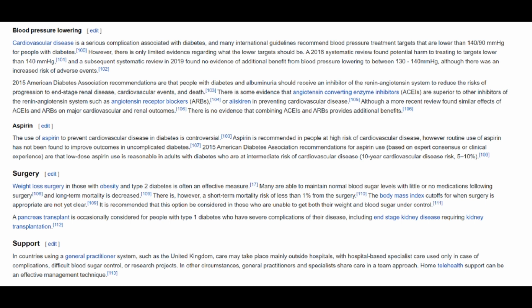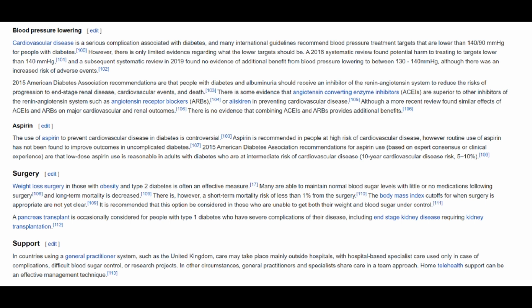2015 American Diabetes Association recommendations are that people with diabetes and albuminuria should receive an inhibitor of the renin-angiotensin system to reduce the risks of progression to end-stage renal disease, cardiovascular events, and death.